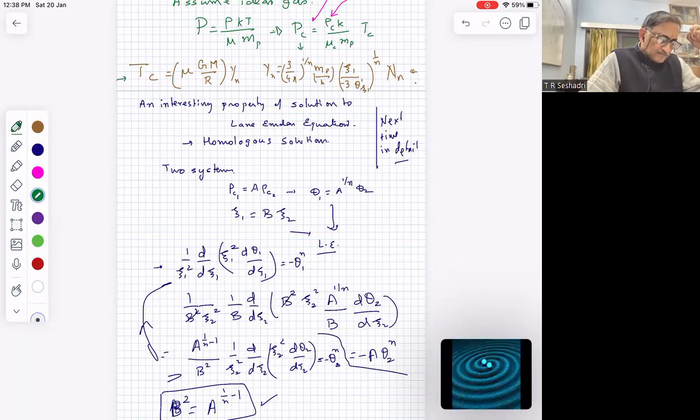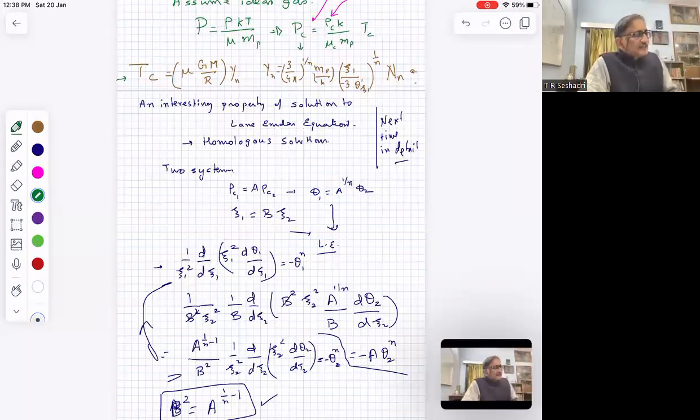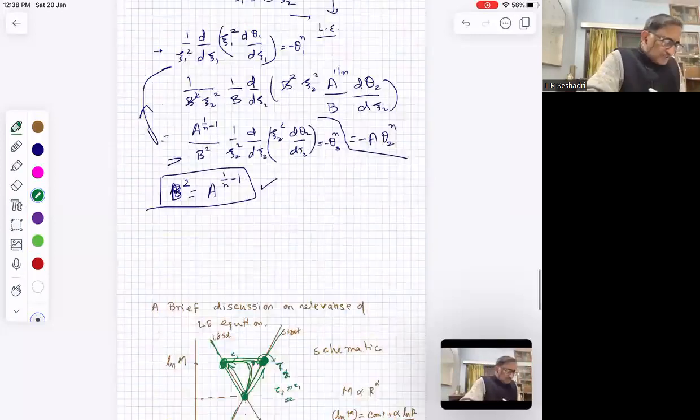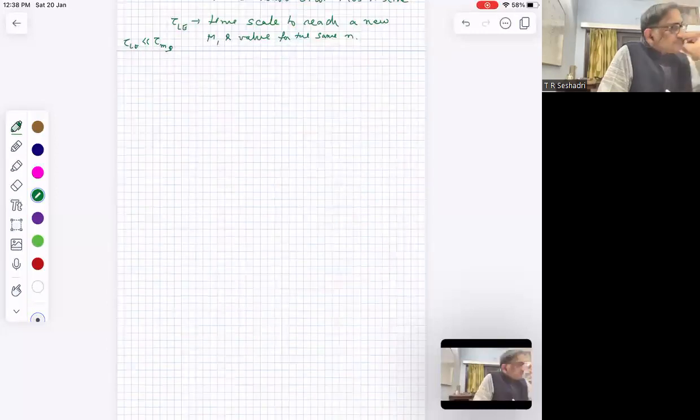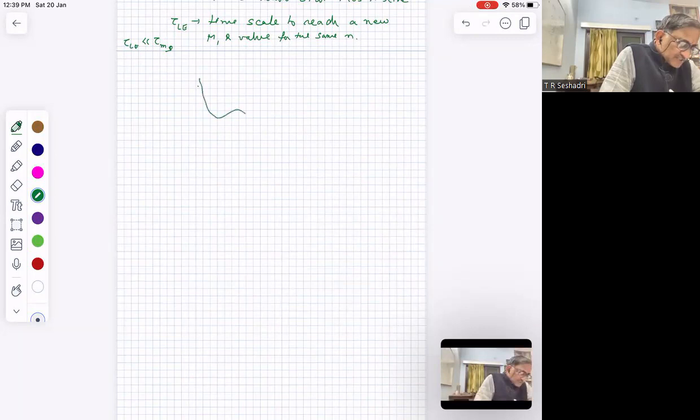Yeah, but eventually it goes into the main sequence. Eventually. So it is something like, suppose I have a potential like this.